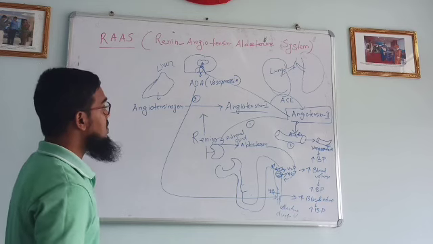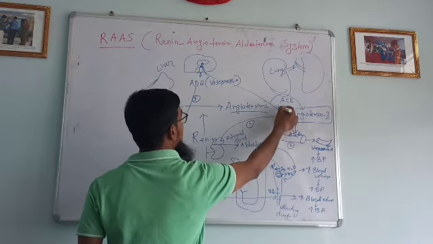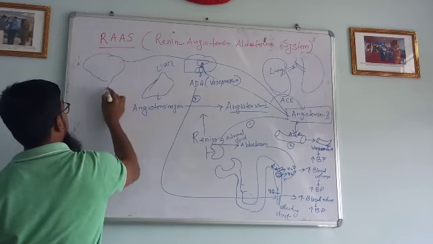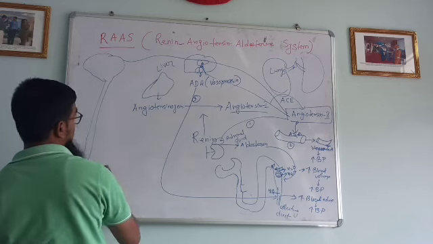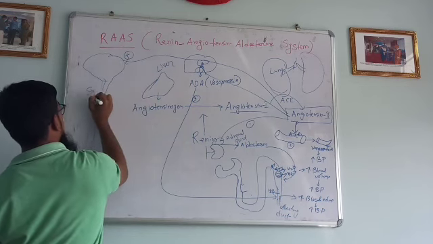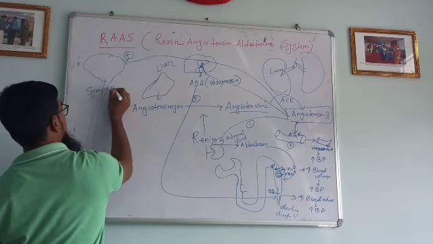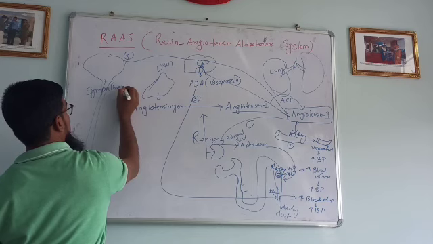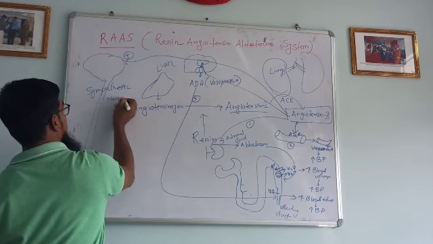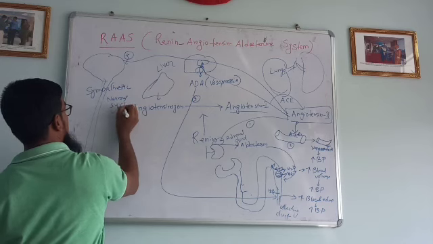And the next mechanism: angiotensin 2 is a very strong stimulator of the sympathetic nervous system.